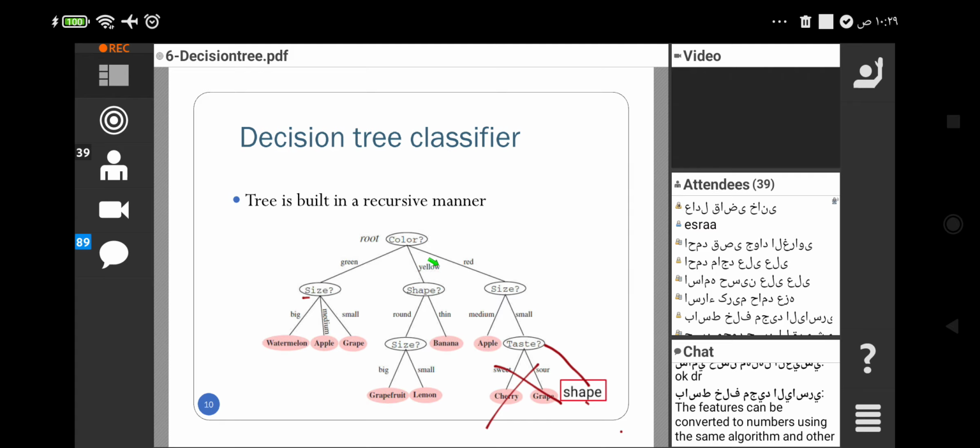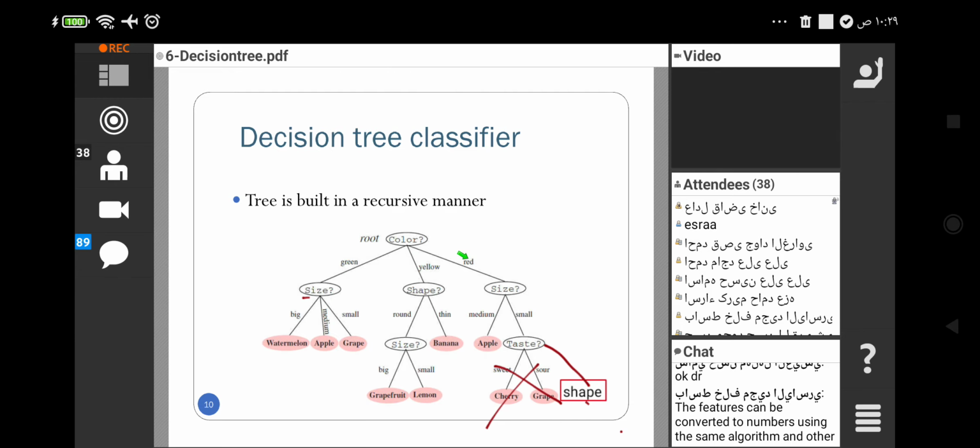If our data is numbers and it is not categorical values like the data that we had here... we said that categorical means string values and the number of values is limited. For example, the color feature has three values in this example: green, yellow, and red.